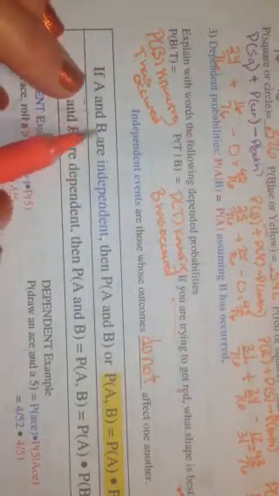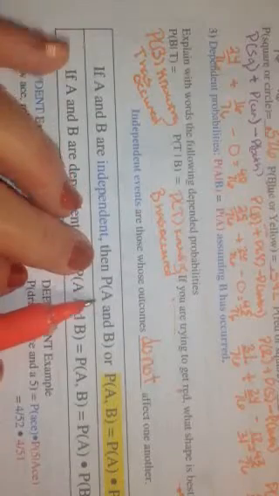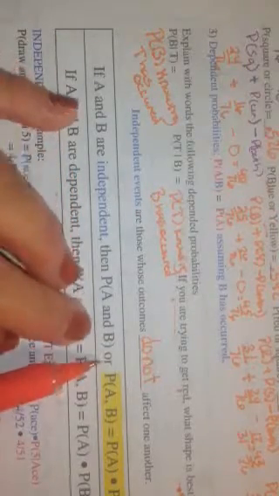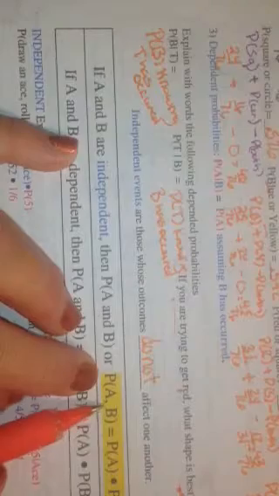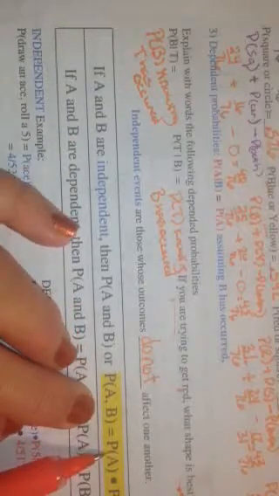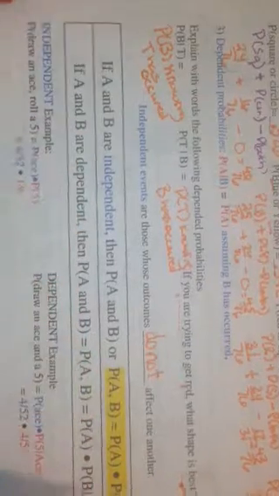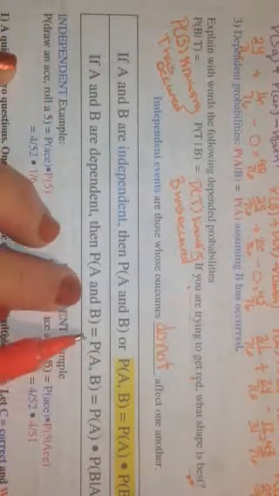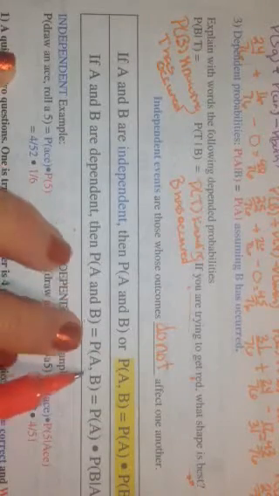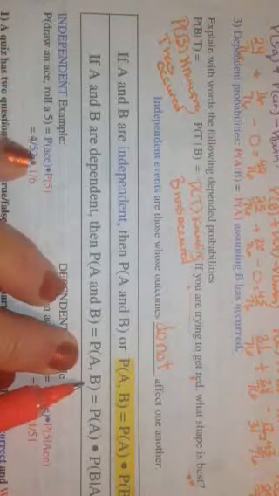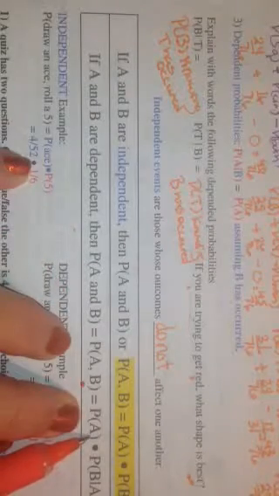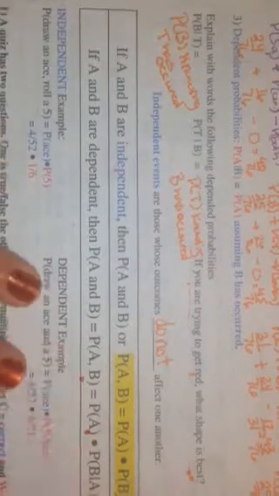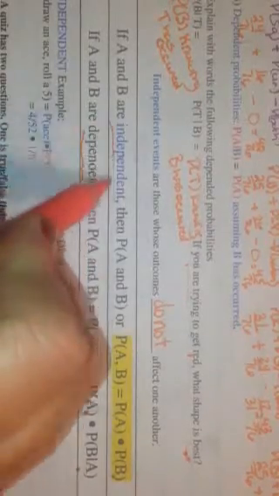If A and B are independent, then the probability of A and B, or the probability of A comma B, is the probability of A times B. If A and B are dependent, then it's the probability of A times the probability of B given A has already occurred. So the difference is whether it's dependent or independent.